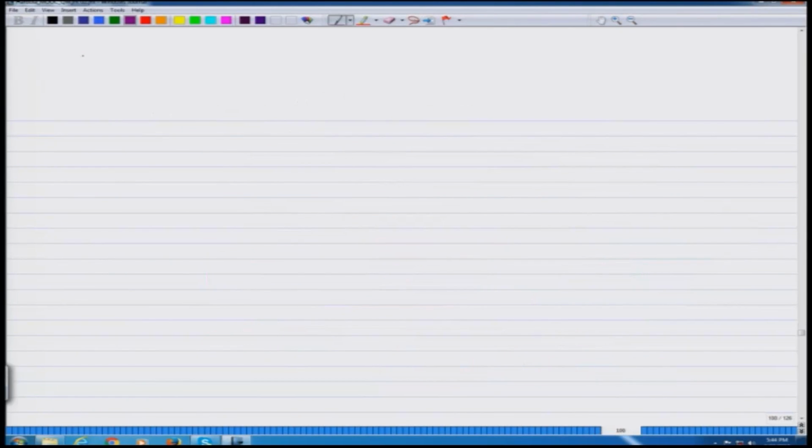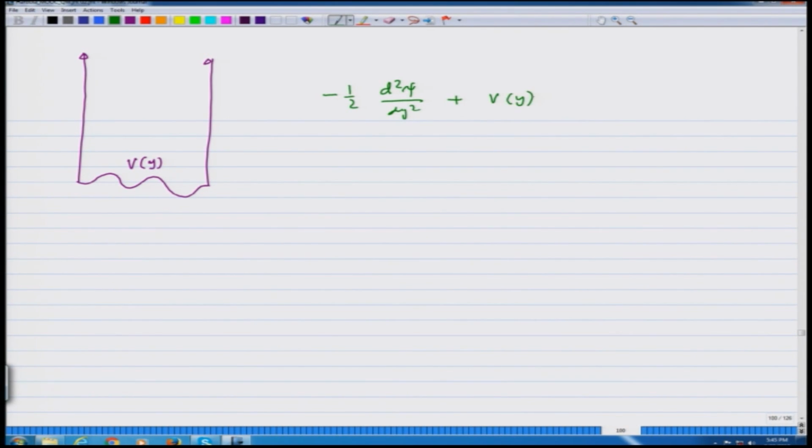So, I have again this box where in between there is some potential, let us call it V(y), given in units of h cross square over m L square. So, I am going to drop that bar and just write this as minus 1/2 d2 psi over dy square plus V(y) psi(y) equals E psi(y).